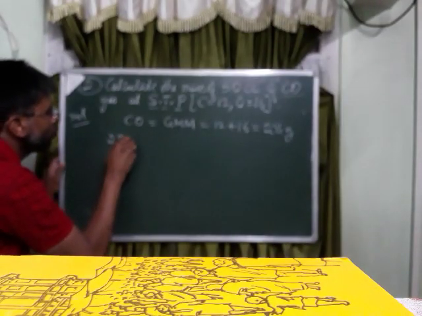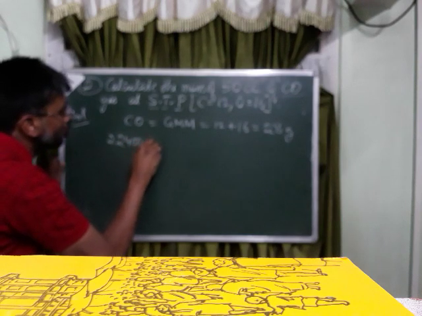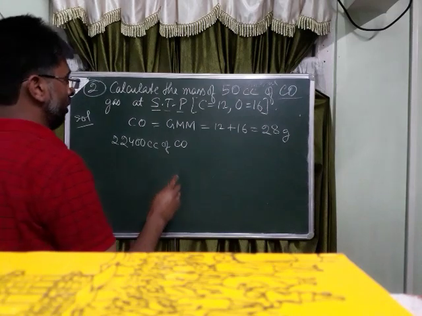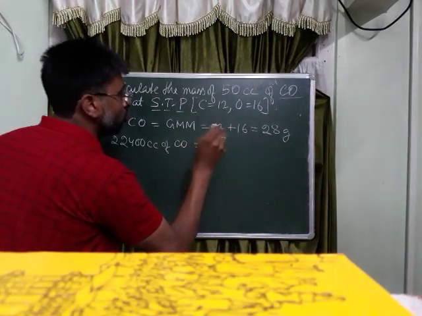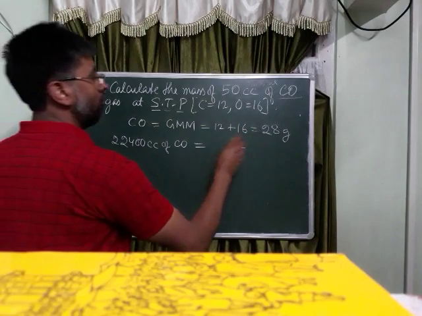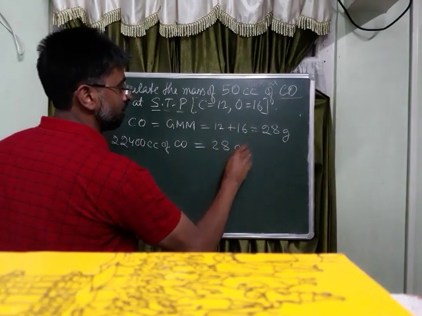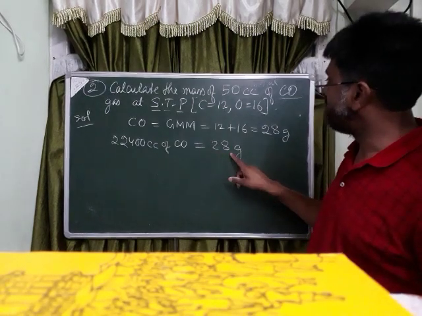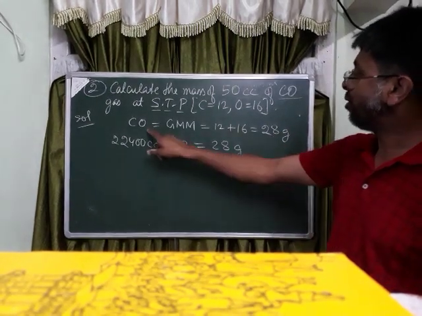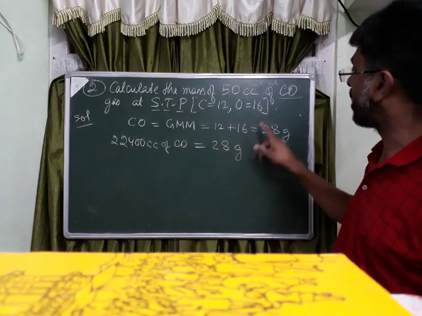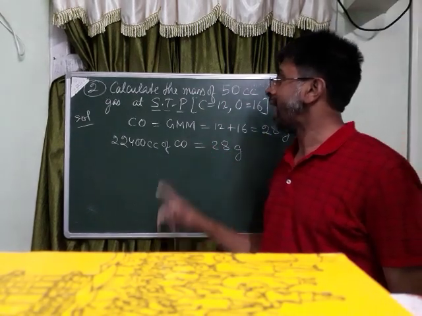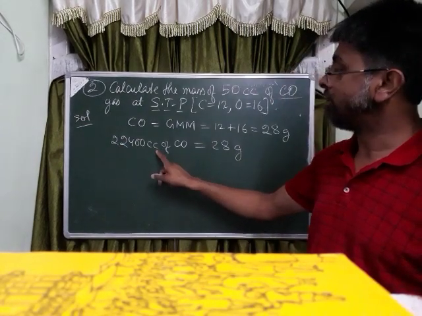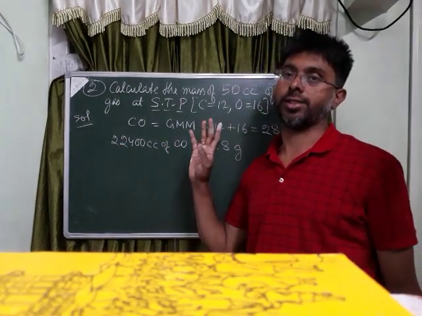So I write down 22,400 centimeter cube of CO will have a mass of 28 grams. This 28 grams is the gram molecular mass of carbon monoxide. So this 28 grams of carbon monoxide will occupy at STP a volume of 22,400 centimeter cube. This must be remembered and memorized.